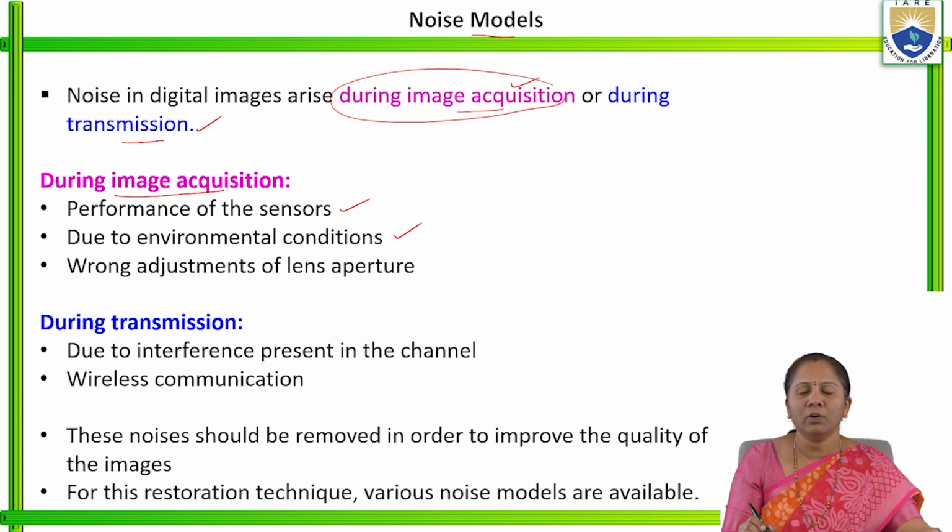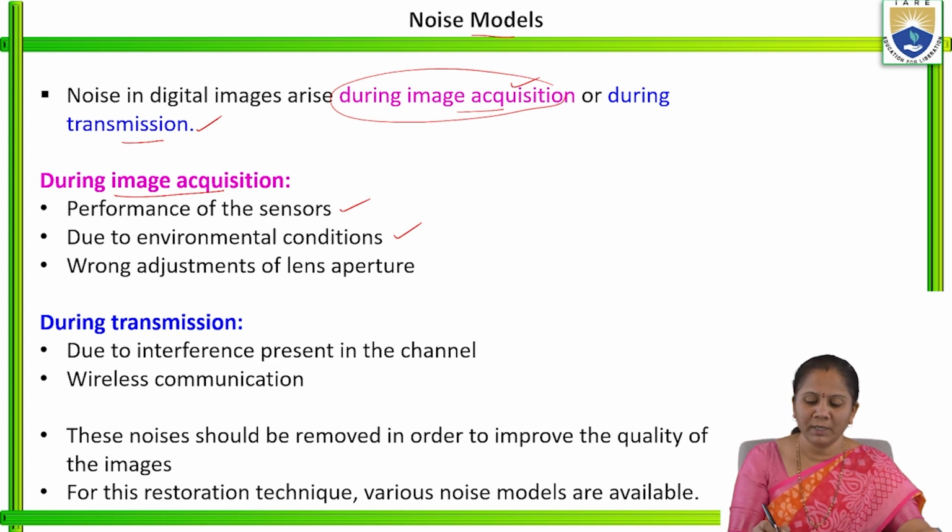While we are capturing the image with the camera, the climate may be different, meaning there may not be sufficient illumination of light, so noise may be added to the image.